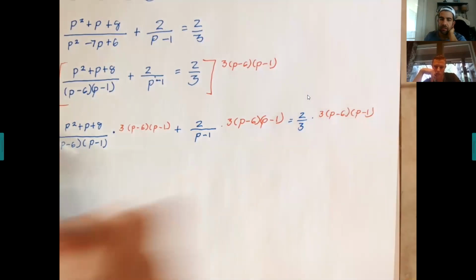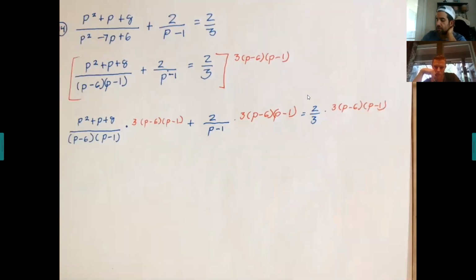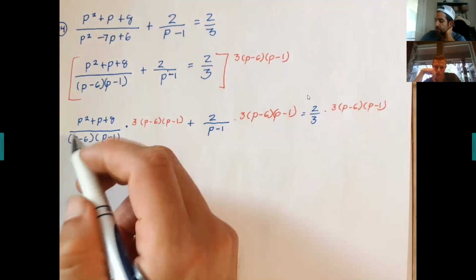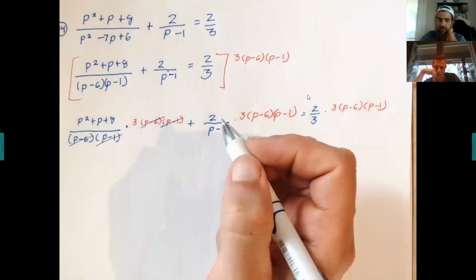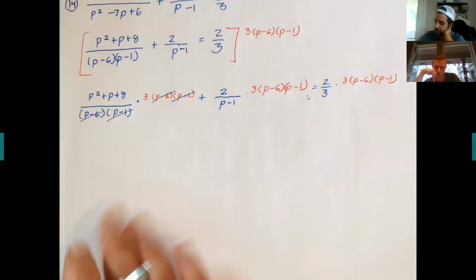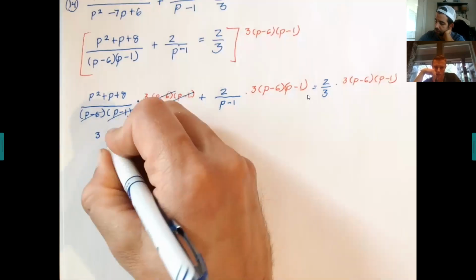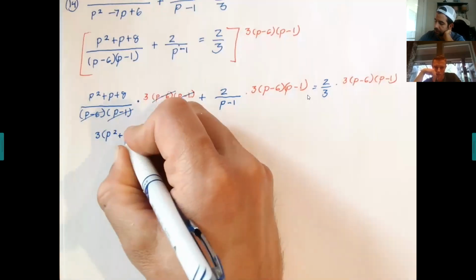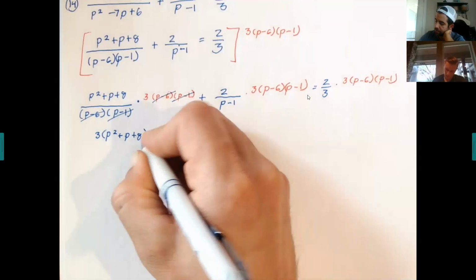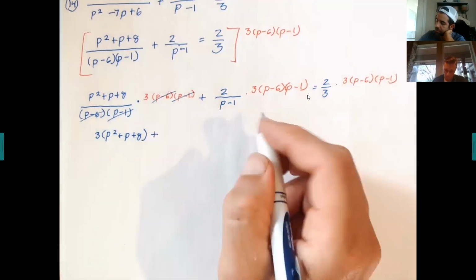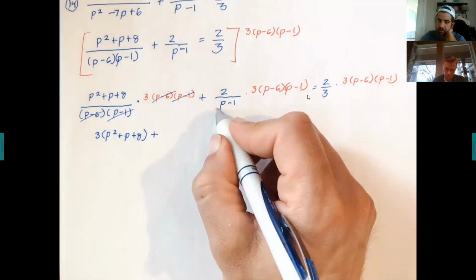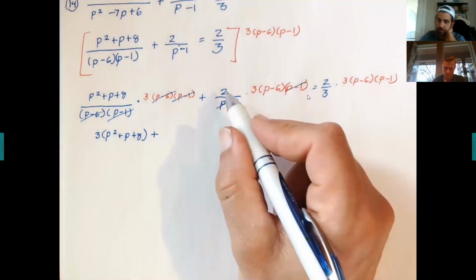Okay, now the reason that we do that is because notice that on this one, that's going to cancel with this, okay? So what I have left is 3 times (p squared plus p plus 8). All right, on this side, the (p minus 1)s cancel, and I end up with 2 times 3, which is 6.